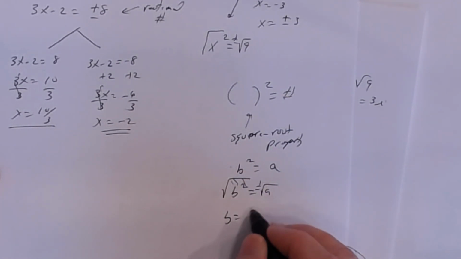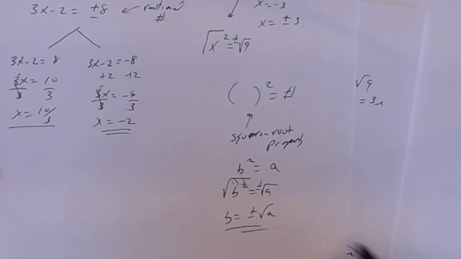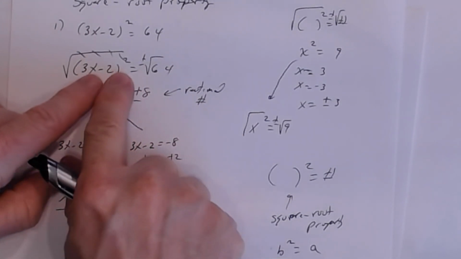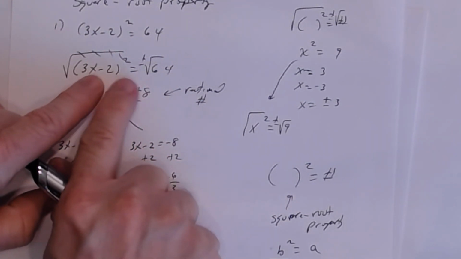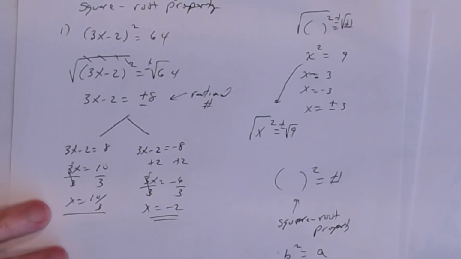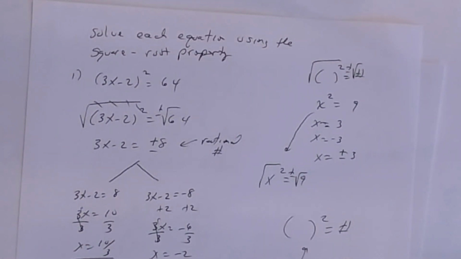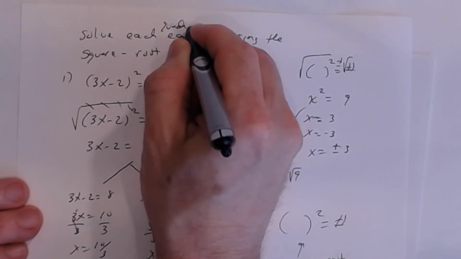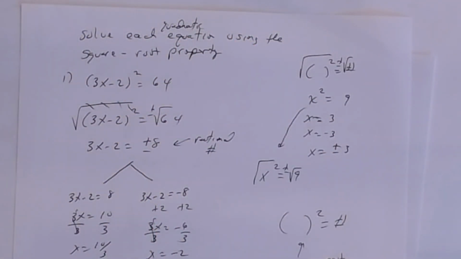So you get b equal plus and minus the square root of a. So in each of these cases, once we got the expression squared by itself, we used the square root property. We took the square root of both sides. So that is a set of examples of solving a quadratic equation, and these are quadratic equations, by the way, keep that in mind, solving each quadratic equation using the square root property.